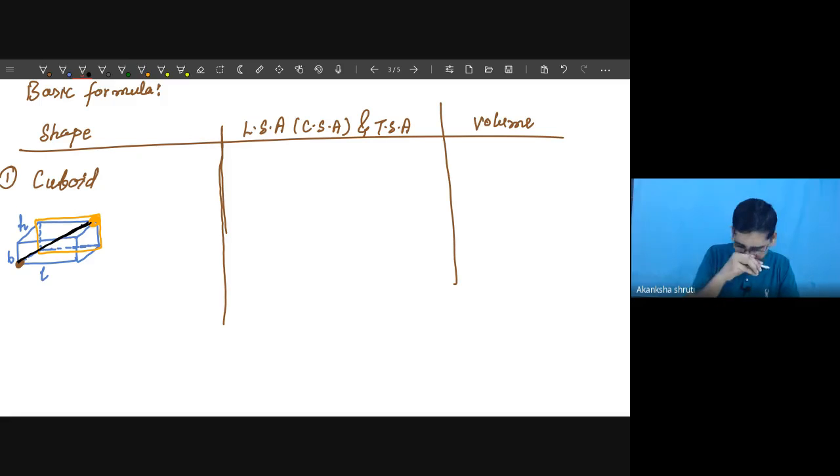The other diagonal you may take. How many diagonals can be drawn? It is one of the diagonals. You can start with the other one also. You can start with, say, this surface, or let me draw in another color.